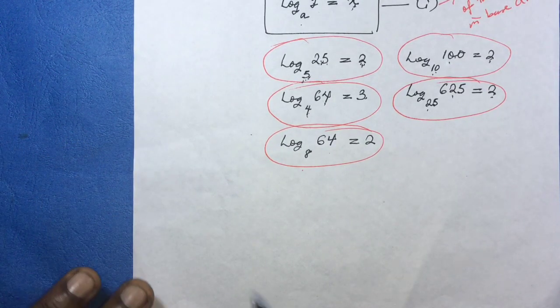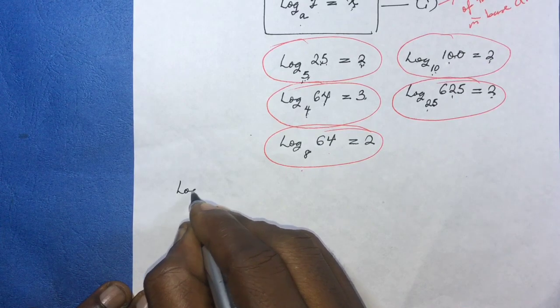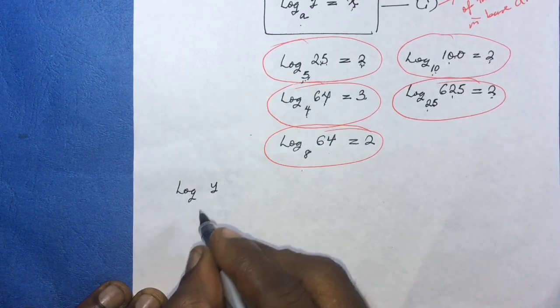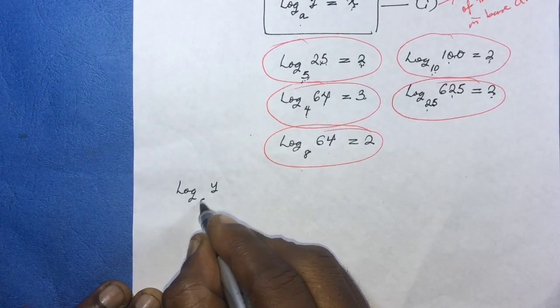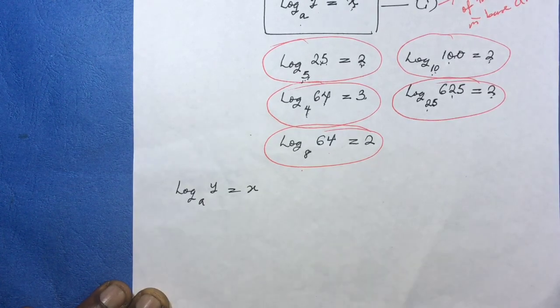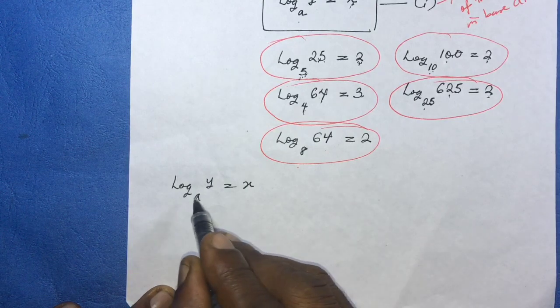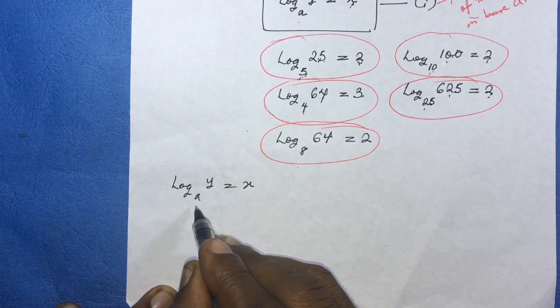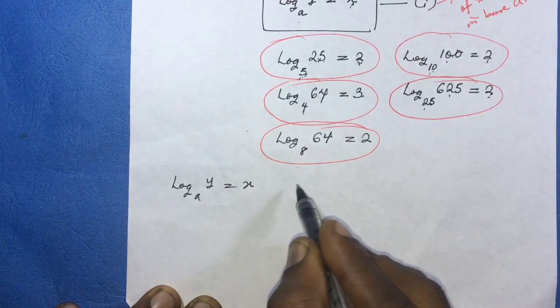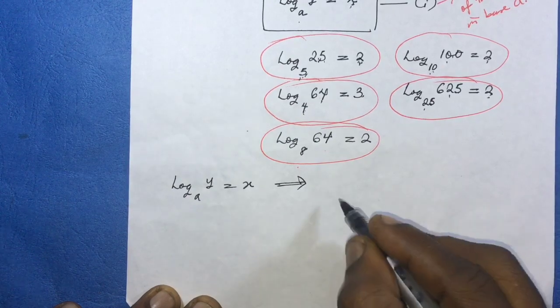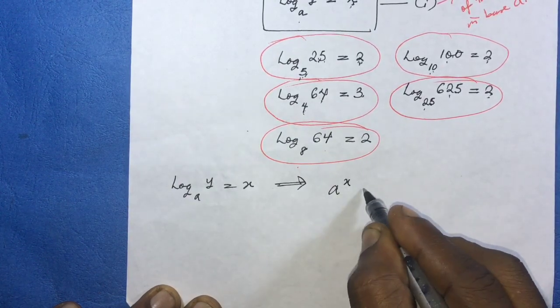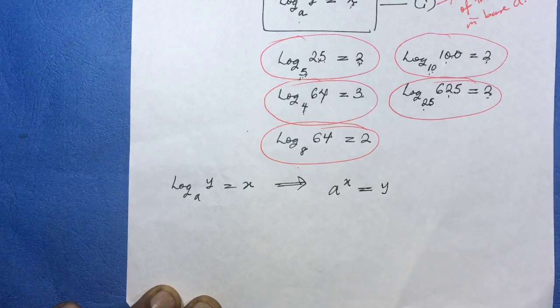form? So I'm going to bring that expression in equation 1 again here. Logarithmic form of the number y in base a equals x. So for you to have the logarithmic form of the number y in base a giving you x implies that a raised to power x must have given you y.